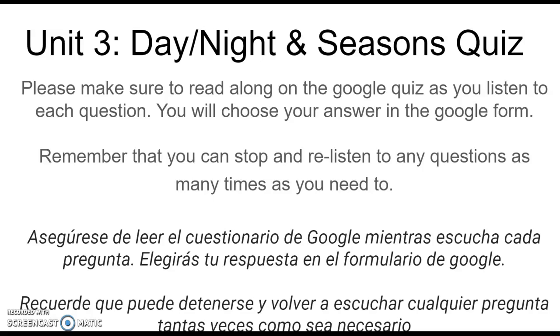For choice B, A is spring, B is summer, C is fall, D is winter. C: A is fall, B is winter, C is spring, and D is summer. For choice D, A is fall, B is summer, C is spring, and D is winter.